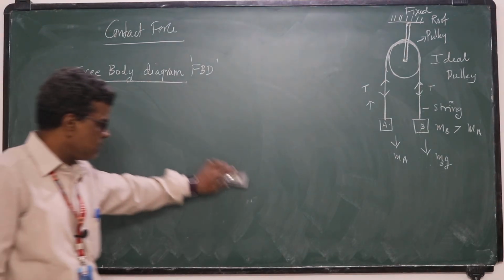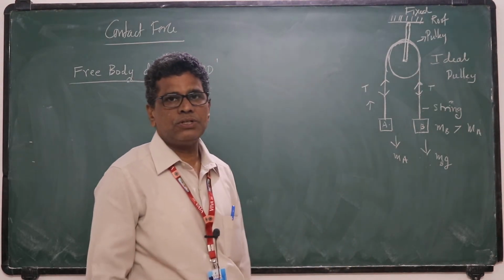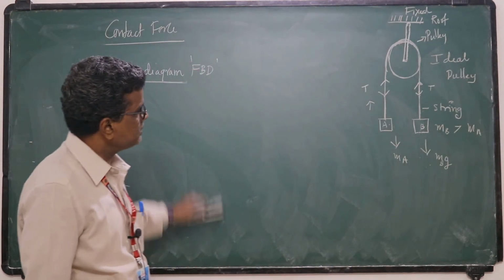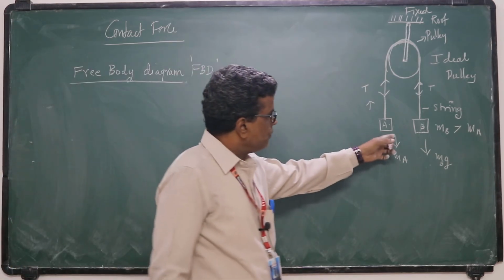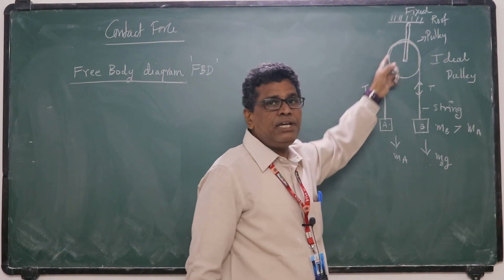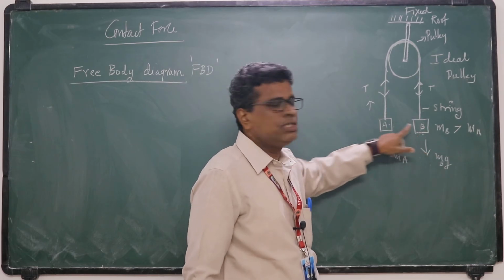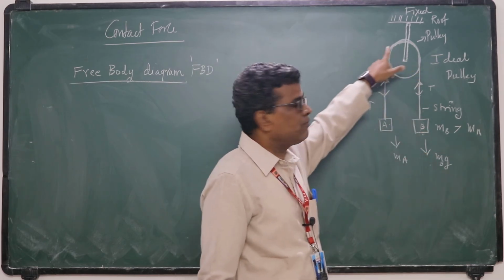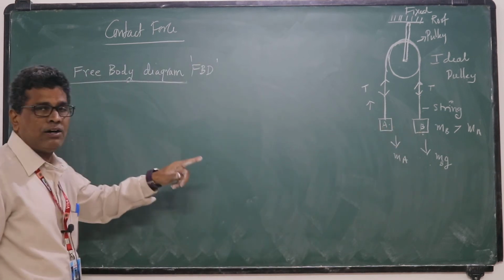What is an FBD? These diagrams help us when we apply Newton's laws of motion. What is a free body diagram? The system consists of many objects. Here the objects are A and B. These two objects are connected with the help of a string.